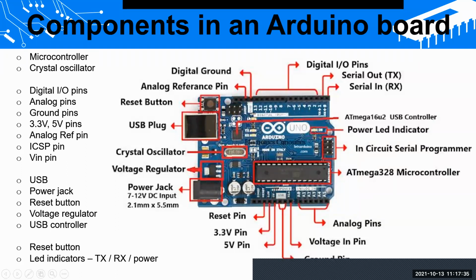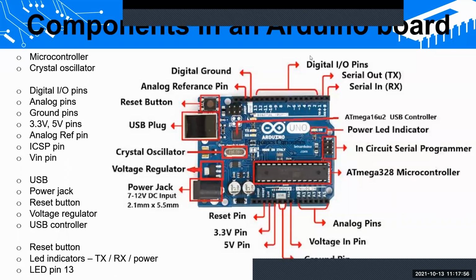Then there is another LED attached to a certain pin, which we call pin number 13, right? If you give some current to pin number 13, this LED will turn on, right? So those are the very basic things in the Arduino board.